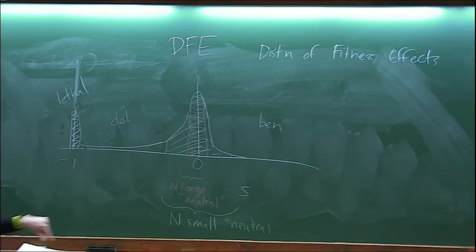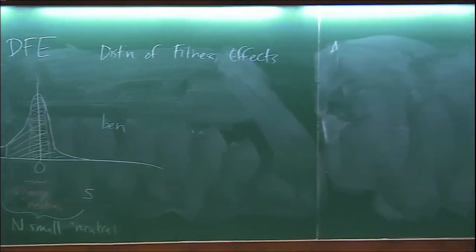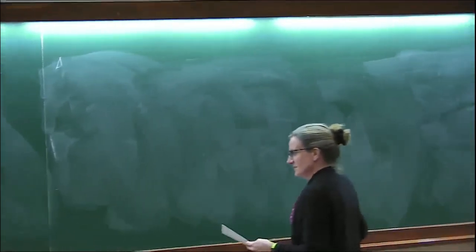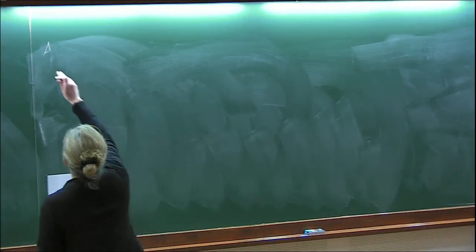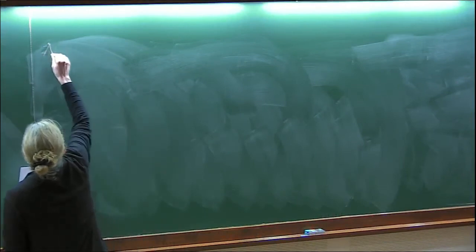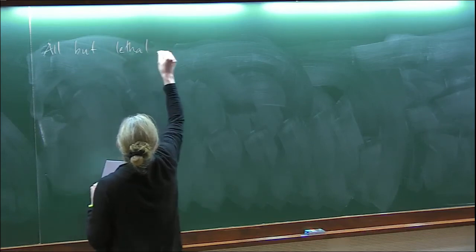And then I'm going to sketch what I was just talking about a little bit, the fixation probability, even though we haven't done all the math yet. I think getting the picture in your head is really nice. So maybe for your notes though, all but lethal can fix.